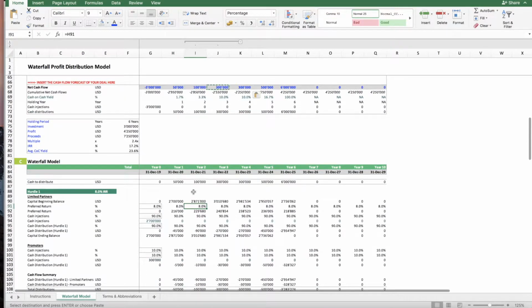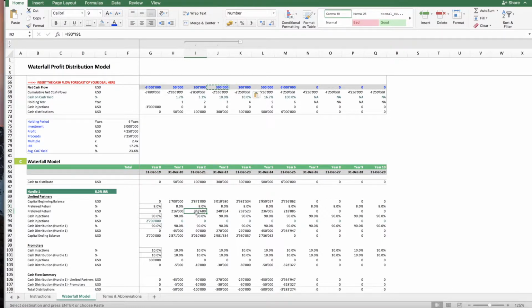So every year we calculate the 8% preferred return required on the capital balance, and then we do the calculation. In this case, it means that you need up to the year of exit to fully pay back the 8% return and also pay back the principal investment, so that the capital ending balance gets to 0.